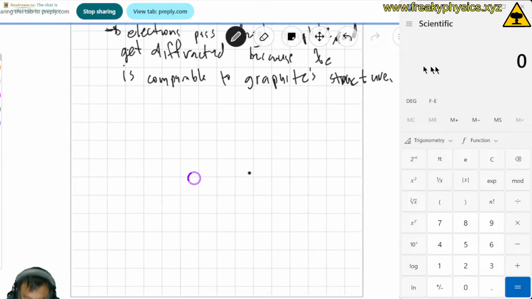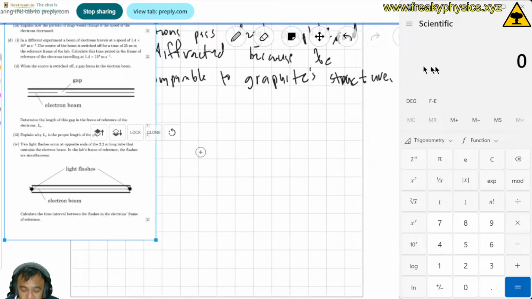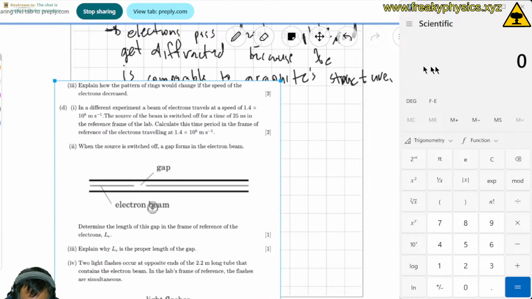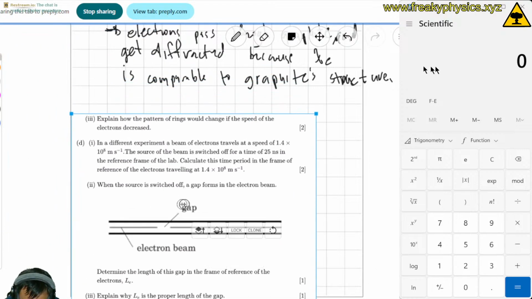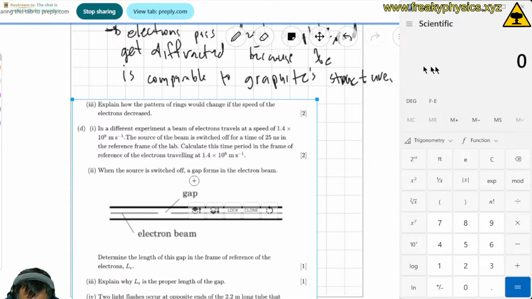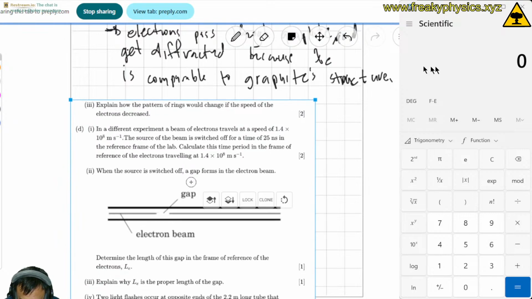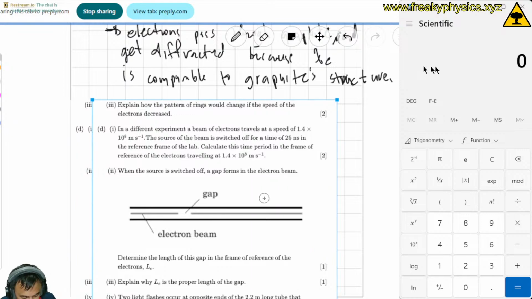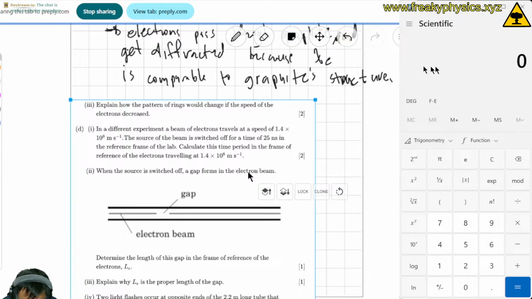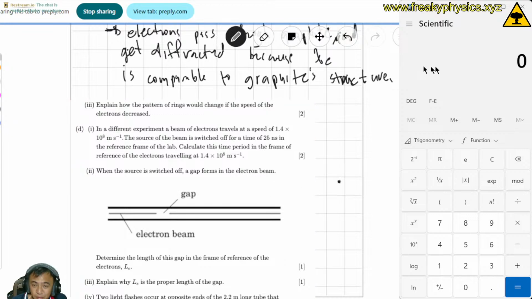The next question here is: explain how the pattern of rings would change if the speed of the electron decreased. This time you have to look at the equation for the wavelength. What's the wavelength for something like an electron?